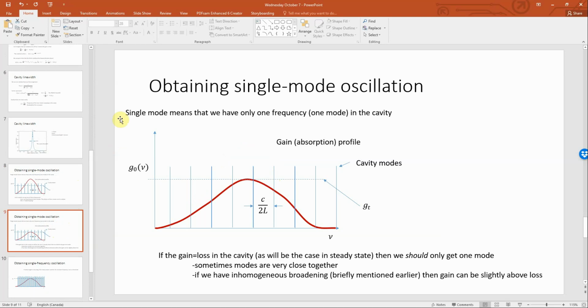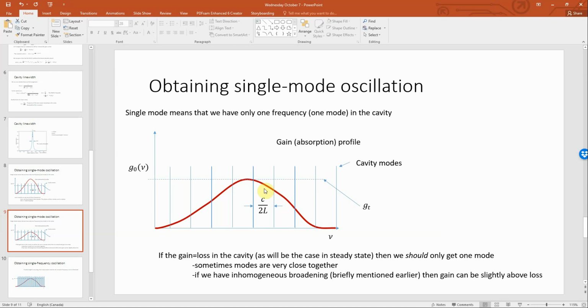Now, something happens that's kind of surprising. If you've been thinking about this, you'd maybe expect part of it, but you probably weren't expecting this: of course at steady state, our gain is going to be the threshold gain, right? If the gain is always going to be the threshold gain, that means the gain equals the losses of the cavity. And so there's always going to be some maximum of the gain profile that is maximized, and all the other parts of the spectrum are going to have modes that don't have as much gain.